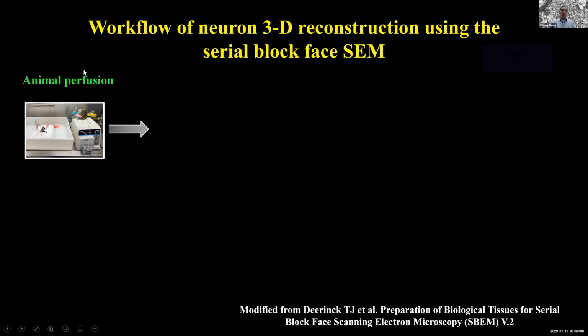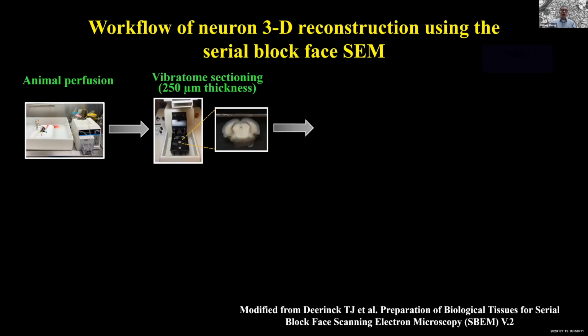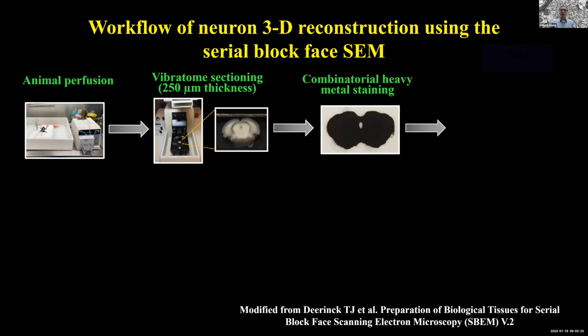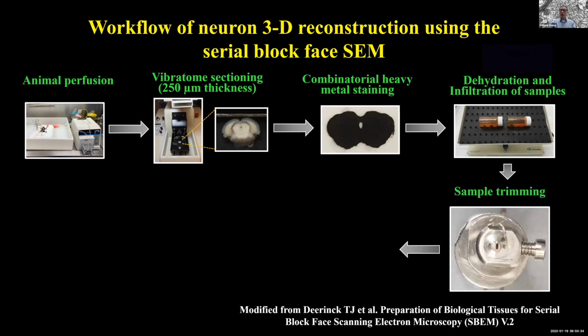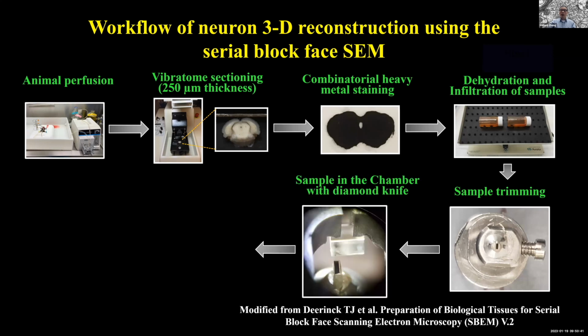So we perfuse the animal, and we section. At the beginning we did 100 micrometer, and eventually we found 250 micrometer thickness better. And then the heavy metal staining, dehydration and infiltration. After the polymerization, we mount the sample on the pin with conductive glue and trim the sample.